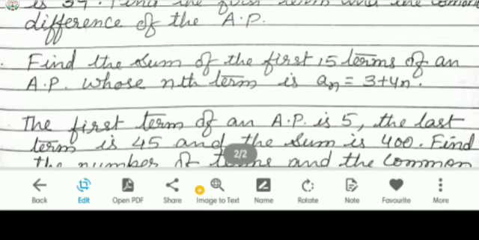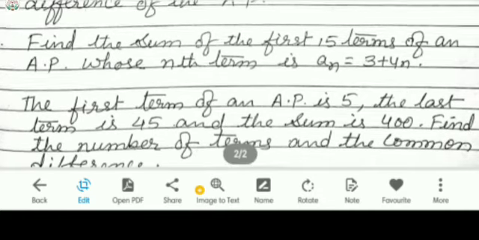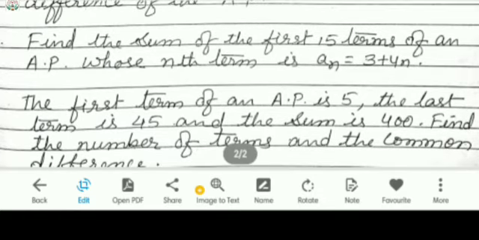So the first term A1 is 7. Now the second term, A2, will be 3 plus 4 into 2. 4 into 2 is 8, and 8 plus 3 is 11. So A2 is 11. The common difference will be 11 minus 7, that is 4. So A is 7 and D is 4.